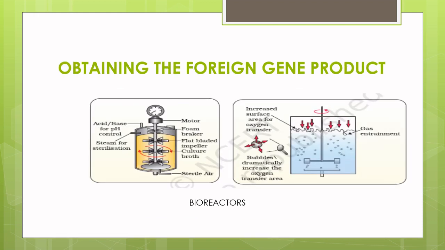So the ultimate aim of recombinant DNA technology is to produce a desirable protein. Therefore, there is a need for the recombinant DNA to be expressed. The foreign gene gets expressed under appropriate conditions. The cultures may be used for extracting the desired protein and then purifying it by different separation techniques.